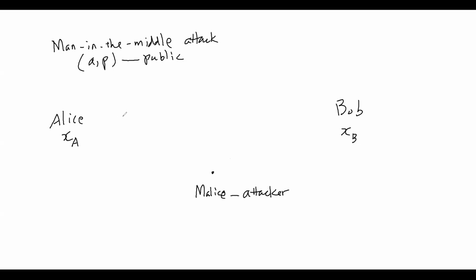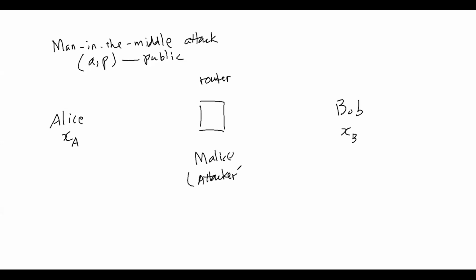So let me put it this way. Let's say this is the router that Malice, the attacker, controls.